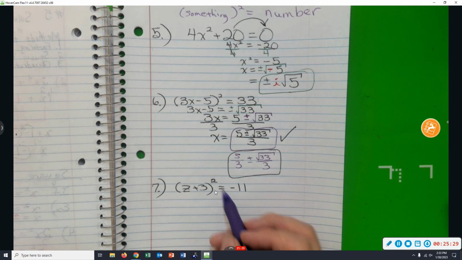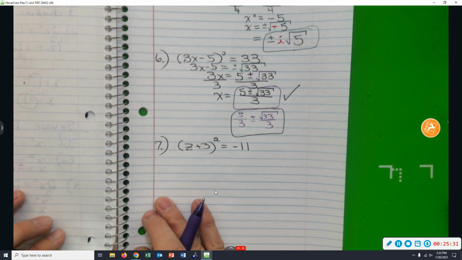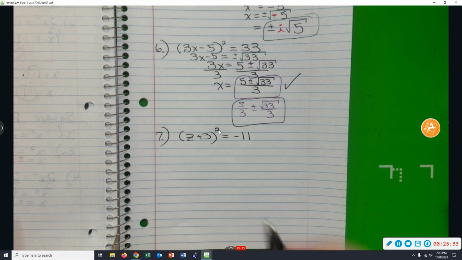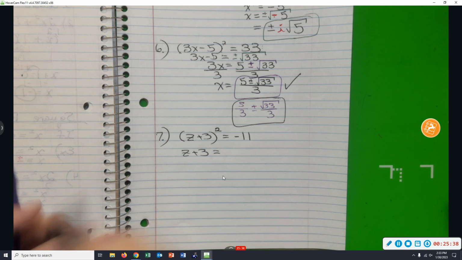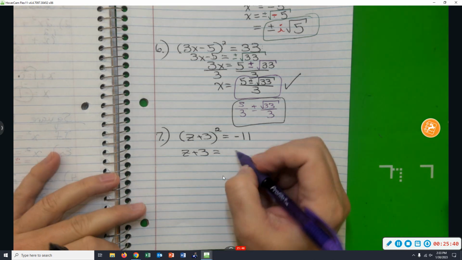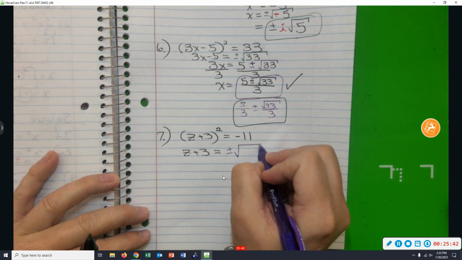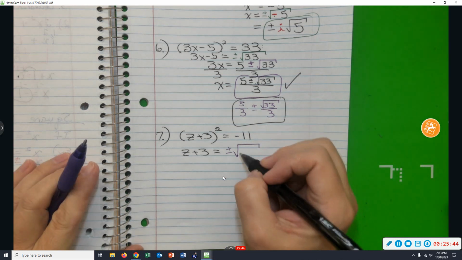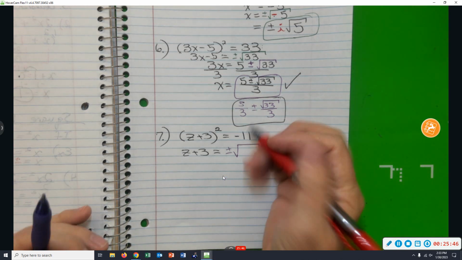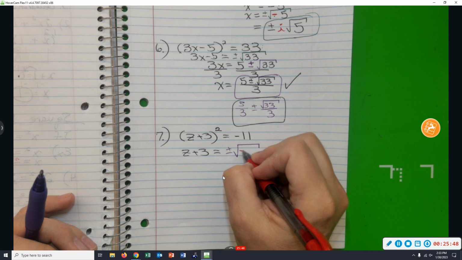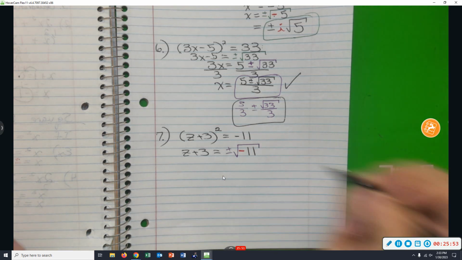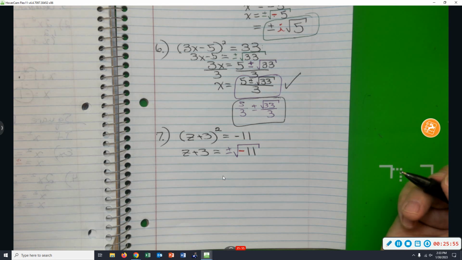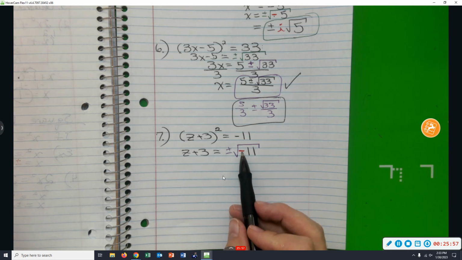Preferably it's just x squared, but if it's parentheses squared, it's not really hard. So we drop the square on the left to just have z plus 3. What do we pick up on the right? A plus or minus square root of negative 11. What are we going to have in our final answer? An i, because of that negative.